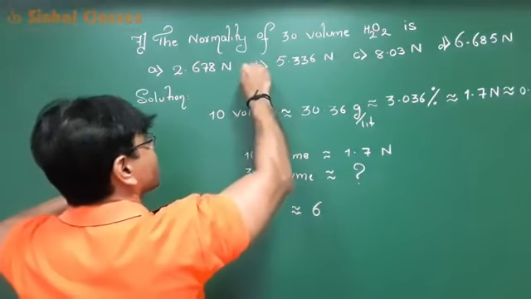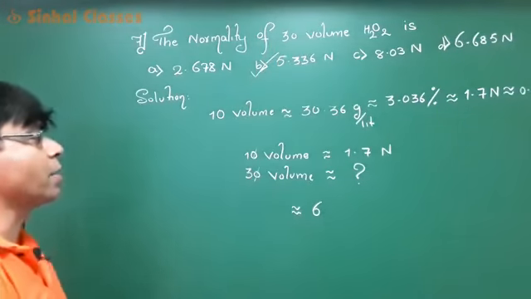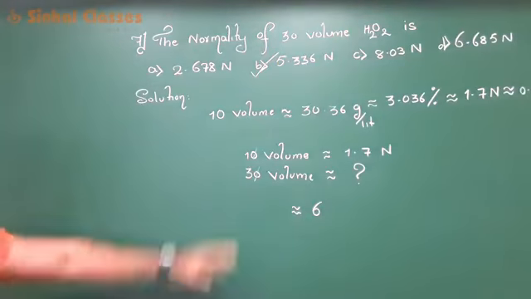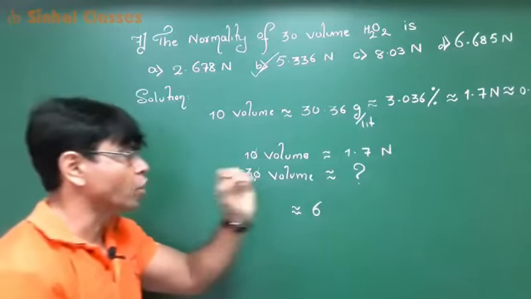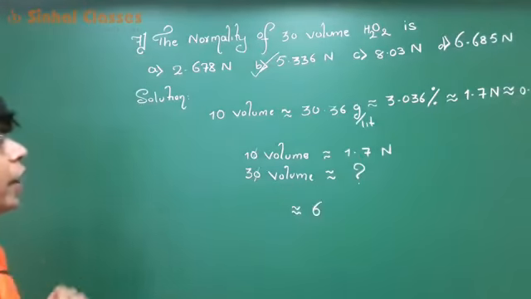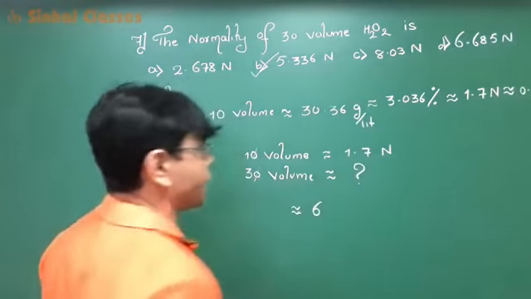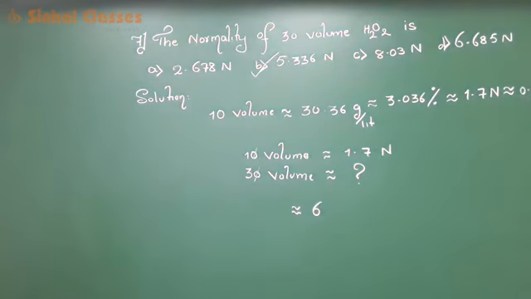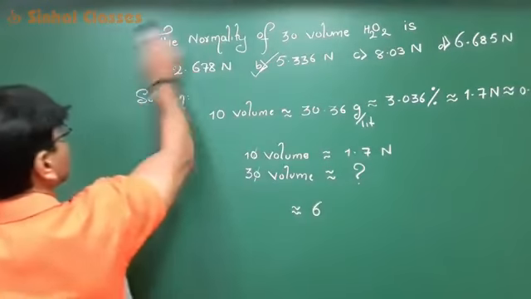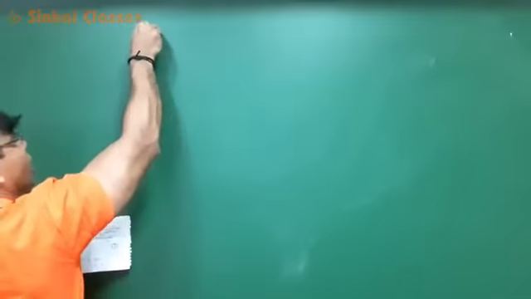The answer is B, so your actual answer is 5.336 normal. In this way, you can straight away get your answers by looking at the question. So this is question number 7. Now we move to question number 8.